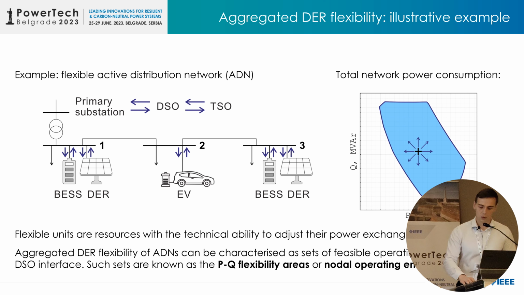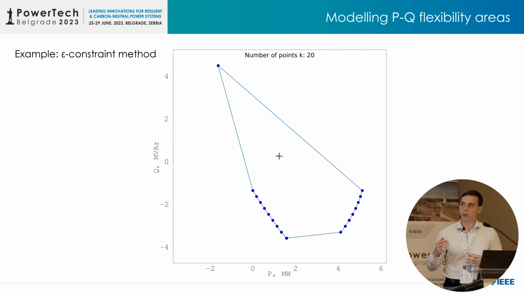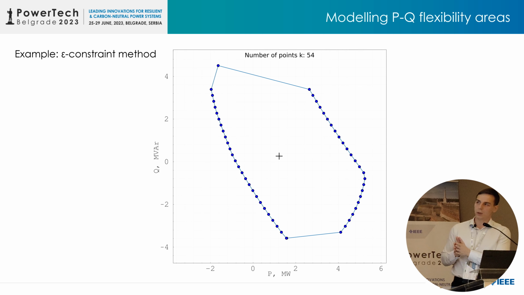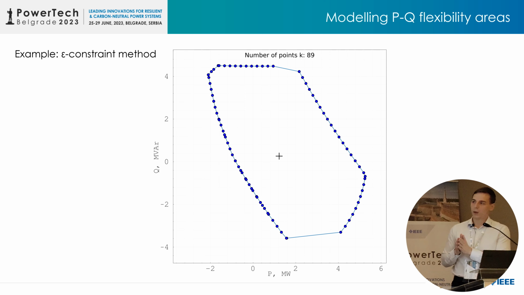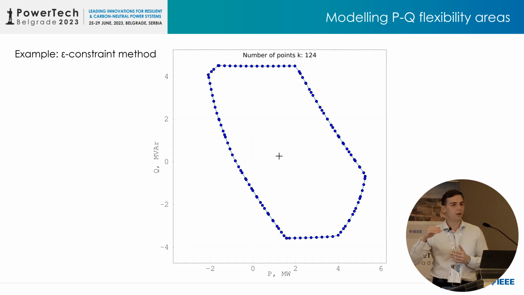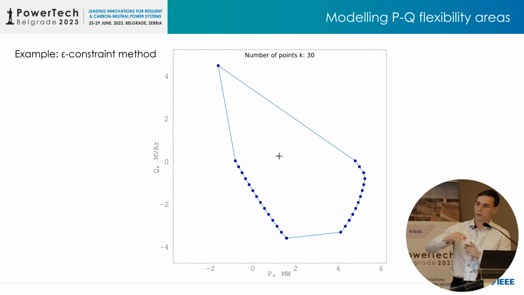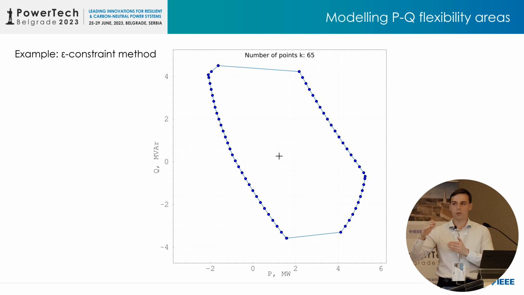There are many concepts proposed in the literature, but one very straightforward and simple concept that I want to show you is called the epsilon constraint method. I prepared this fancy visualization for you. The point is that we want to divide the feasibility area into intervals. In this case, we start with Q minimum and Q maximum, minimum and maximum reactive power consumption.